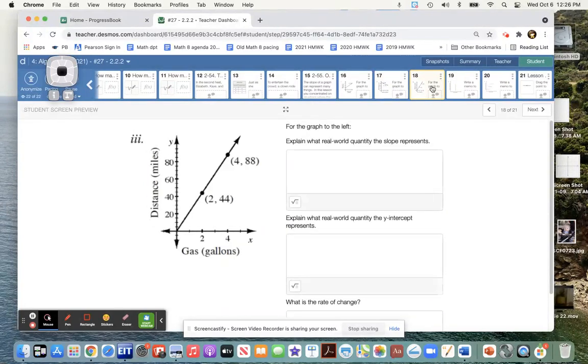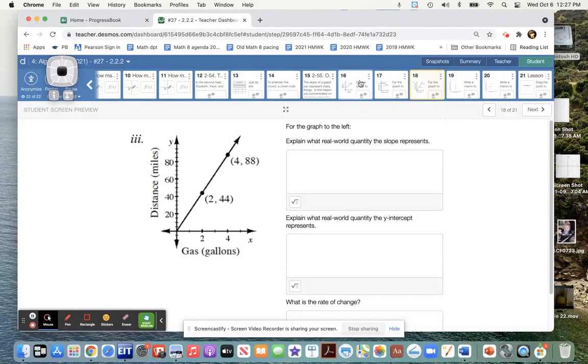If I look at the next one, my dependent variable is distance, and this is gallons. Over 2 more gallons, it gained 44 miles, so it's gaining 22 miles per gallon. So it's the amount this is increasing by when this goes up by 1.